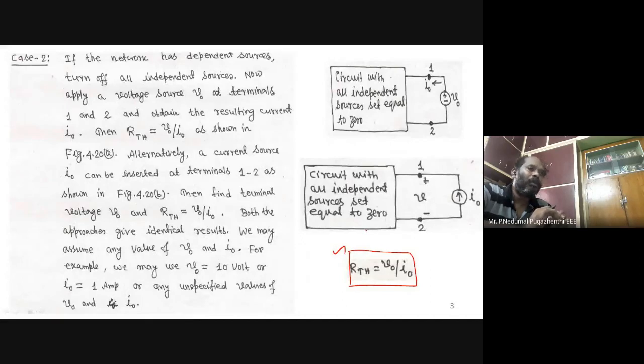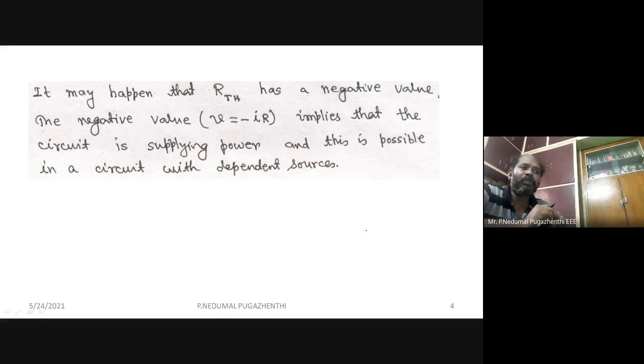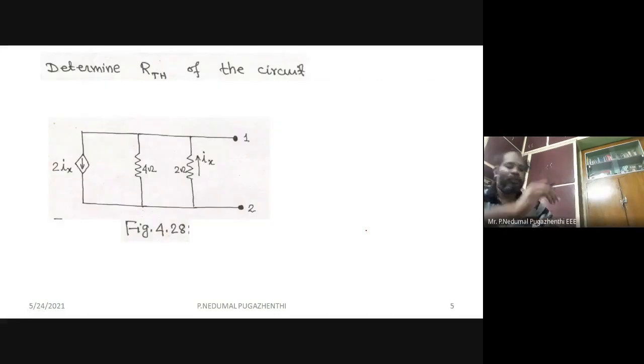That is the method for finding R Thevenin, and V Thevenin looks similar. And if you get a negative value for that resistance, then the circuit is supplying power, and this is possible in a circuit with dependent sources also. So we will go for the problem.